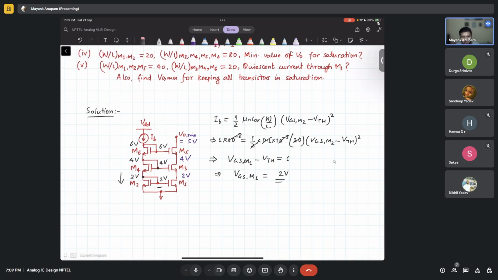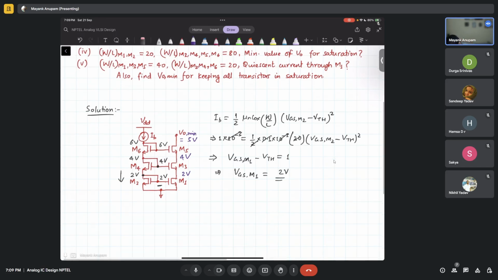VDS has to be greater than or equal to VGS minus VTH, isn't it? The condition is VDS greater than or equal to VGS minus VTH, which if you write it like this, VD minus VS has to be greater than VG minus VS minus VTH.